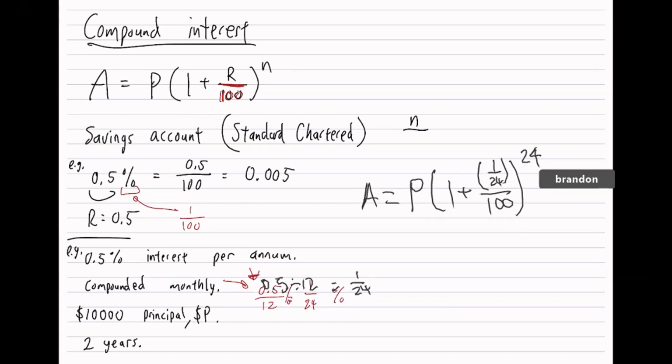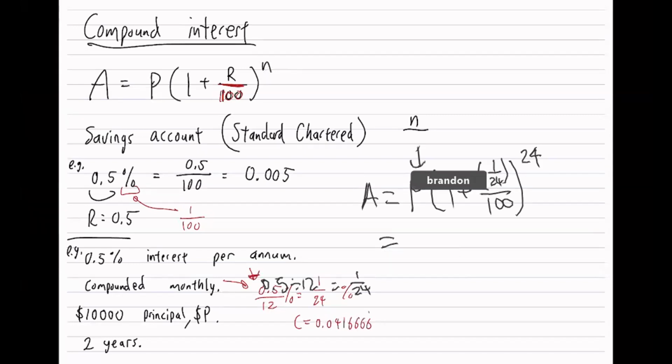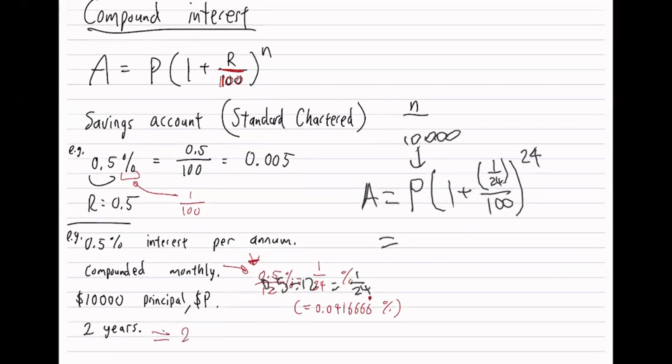That's just 0.0416 recurring. Then if you put for 2 years, how many months is that? That's just 24 months. Yes, correct. Okay, that's the answer already.